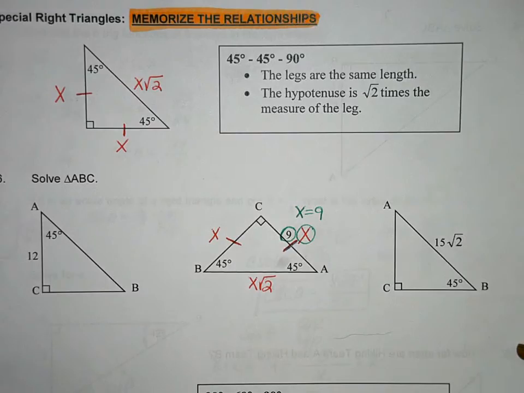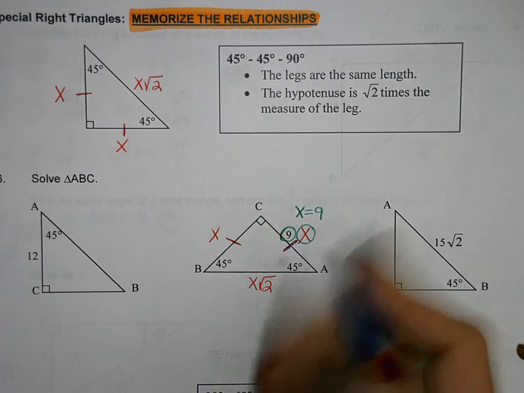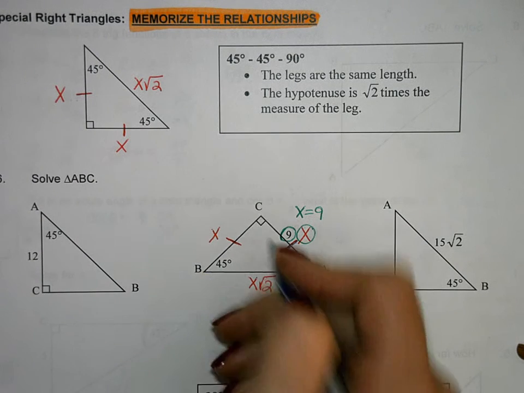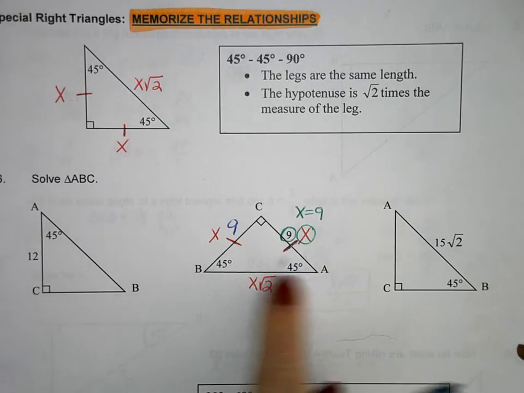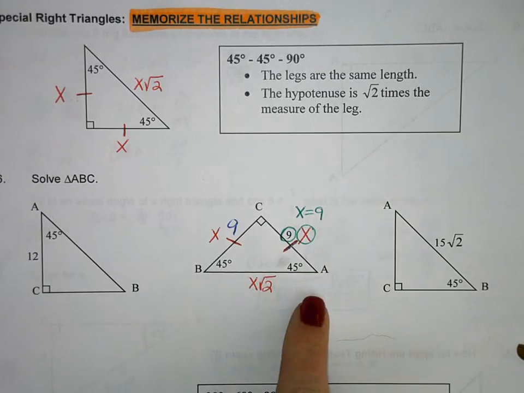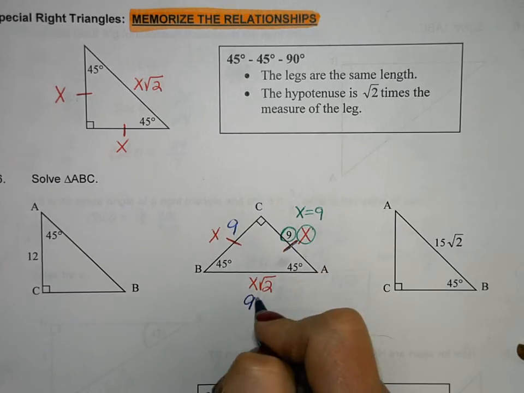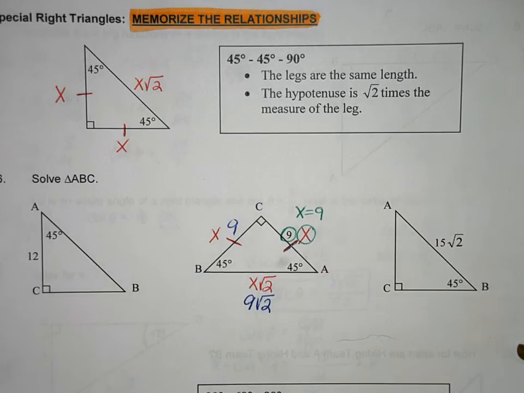Now, if the x is equal to 9, what other side do I know? Yeah, absolutely. Segment BC is how much? 9 as well. And how much is segment BA? Yeah, x is 9, so segment BA is going to be 9 square root of 2.